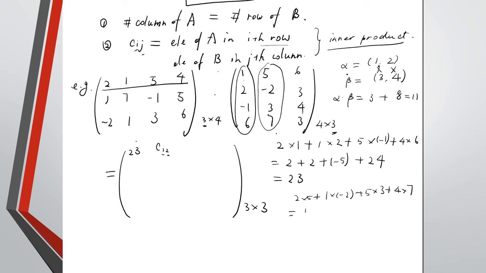This time we have 10 minus 2, 15, 28. So this one is going to give us 51.